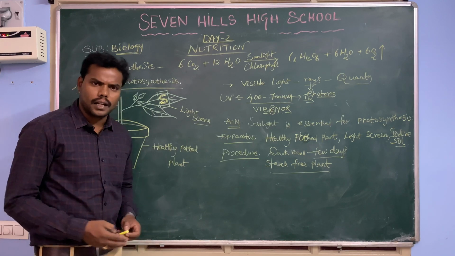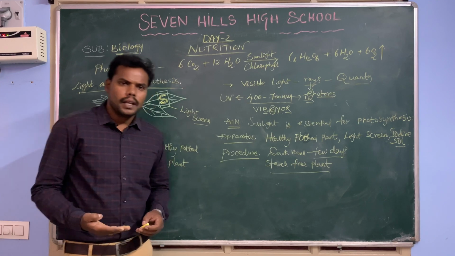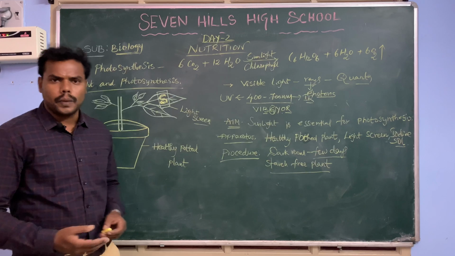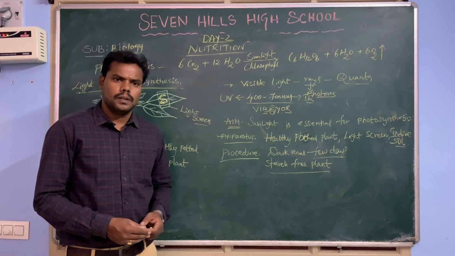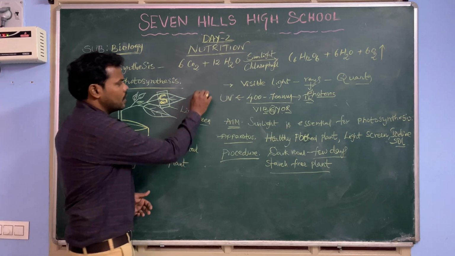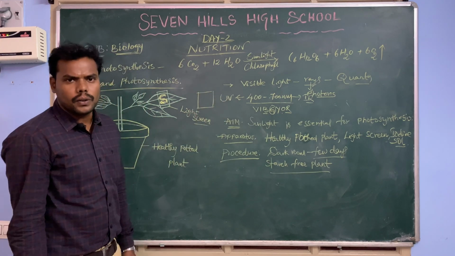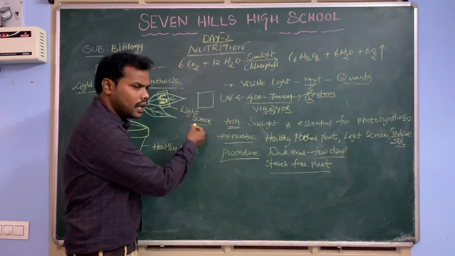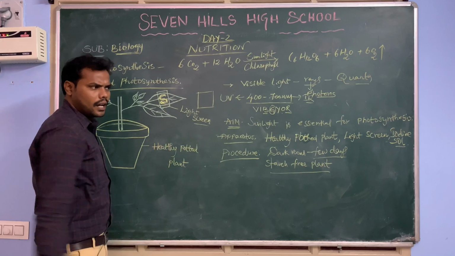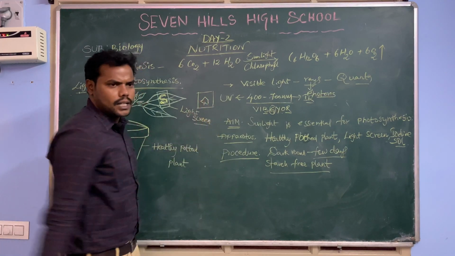Take a cardboard, cut it to the size of the leaf, and cut a design in the middle, such as the shape of an S, or a star, whatever it is.